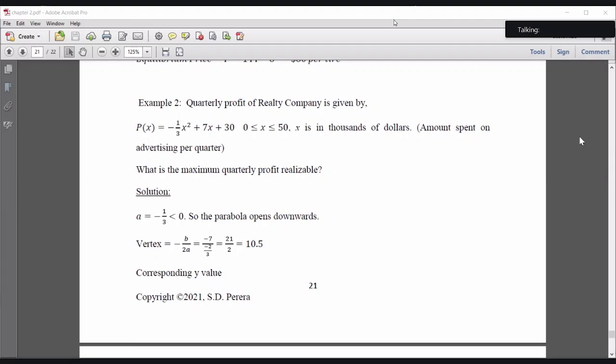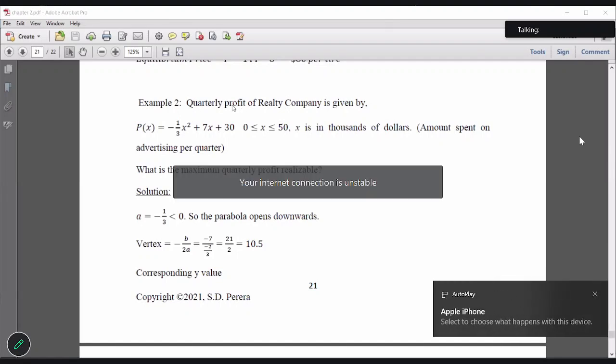29T, can you please unmute and answer my question? They're asking you to find the maximum quarterly profit.